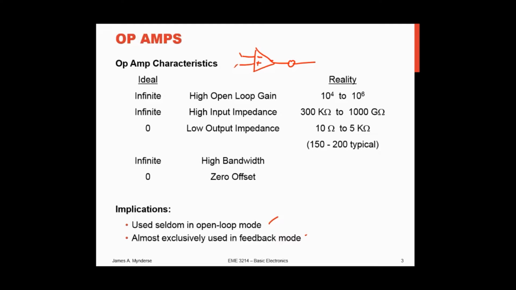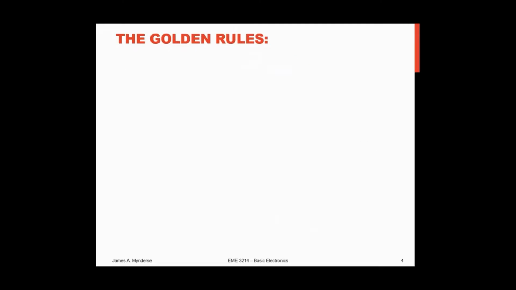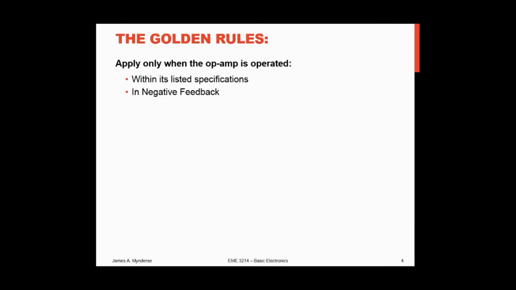So we always use it in a feedback mode, and we'll get to that on the next slide, because when we use it in that feedback mode, we can apply what are known as the golden rules. The golden rules apply to the op-amp only when the op-amp is operated within its listed specifications. So if you're banging against the rails, if you're applying frequencies that are too high for that op-amp, or voltages that are too big, you can't do this.